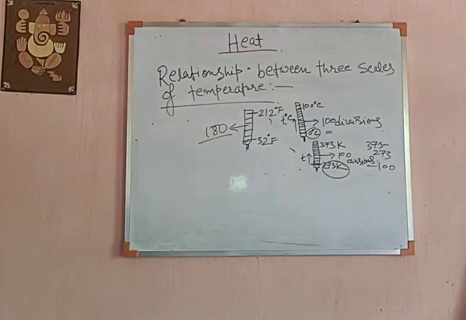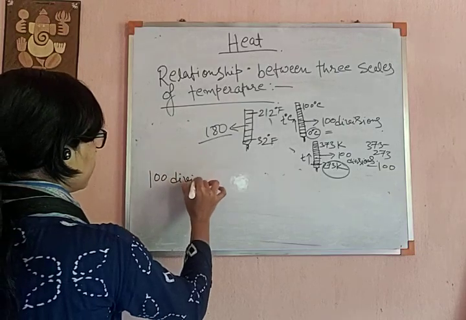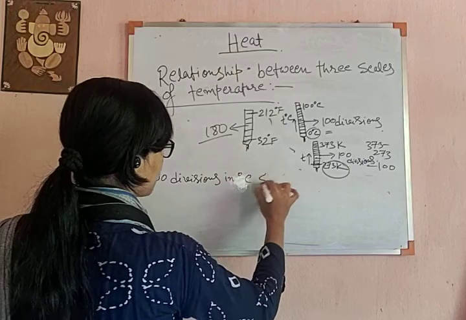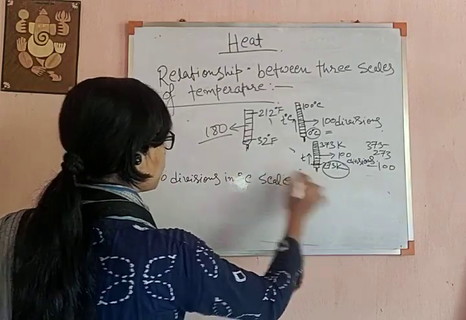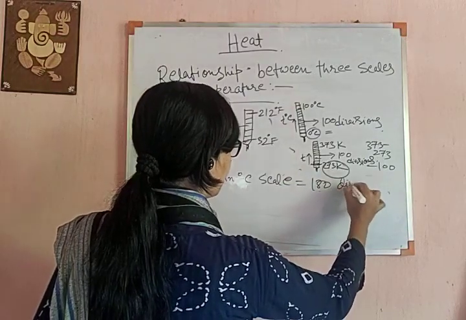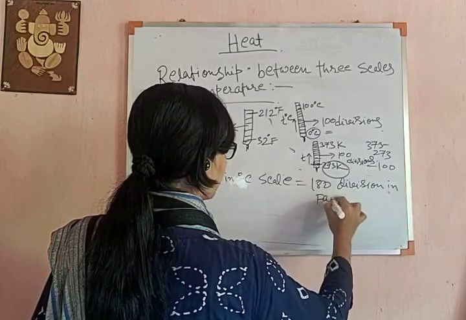So first find out the correlation between the divisions of degree Celsius scale and Fahrenheit scale. So we can correlate that 100 divisions in degree Celsius scale is equal to 180 divisions in Fahrenheit scale.